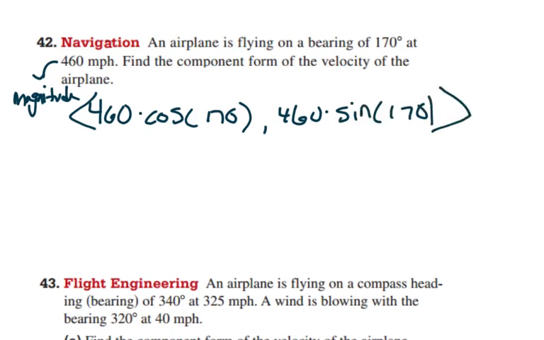Look at us calculating. Okay, 460 times cosine of 170, and 460 times sine of 170. So we get negative 453.01, and then 79.88.